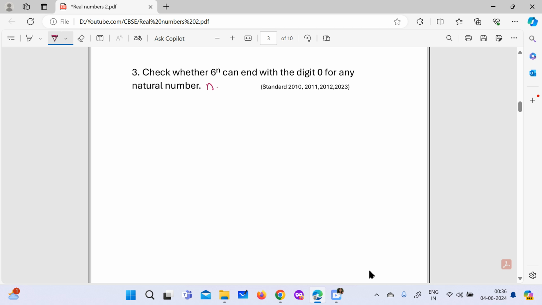So I guess you know already, for any number to end with digit 0, it should have factors 2 and 5. Okay, so based on that concept, we are going to solve this.